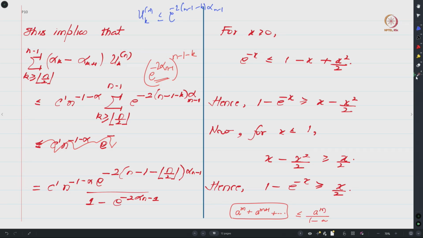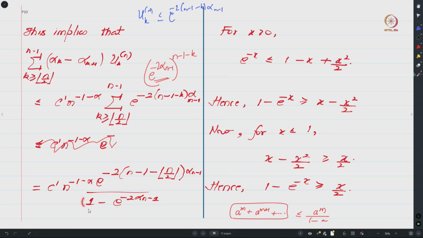In the same way since we have a geometric series here, I take the smallest value of k, which is floor of n over 2, and that expression I write and divide it by 1 minus the term with which the geometric series is defined, that is the a type expression, which is what I have written over here.